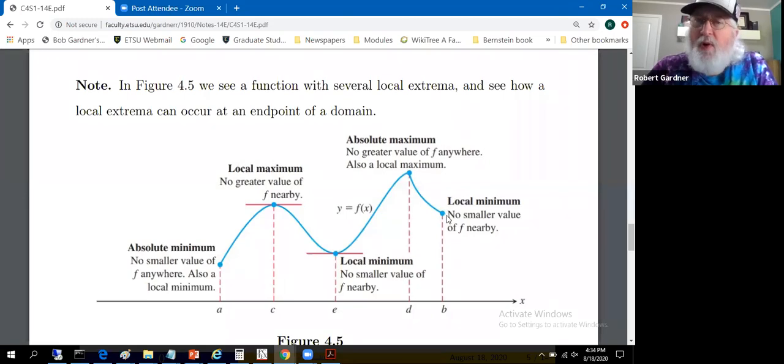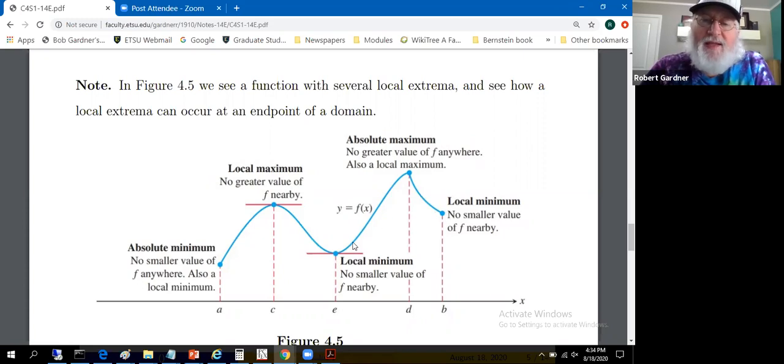Now at the endpoints, we didn't formally define these. I'm going to depend on this picture. The book goes into even more detail about this, but this is a local minimum because nearby where the function's defined, which is only to the left because this is a right endpoint of the domain, the function doesn't go below this value nearby in the domain of the function.